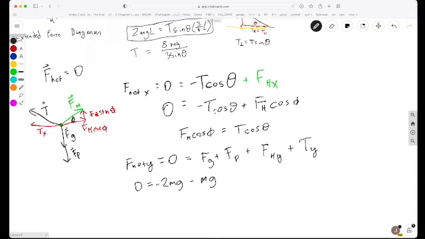Now the hinge force. Let's do the tension force first, just because we already solved for that. We know the vertical component of the tension is T sine theta. T cos theta was the x, so T sine theta is the y, and that's going to be plus because it is pointing up. And then for Fhy, this is a little bit tricky because, like we said, we don't know whether it points up or down.